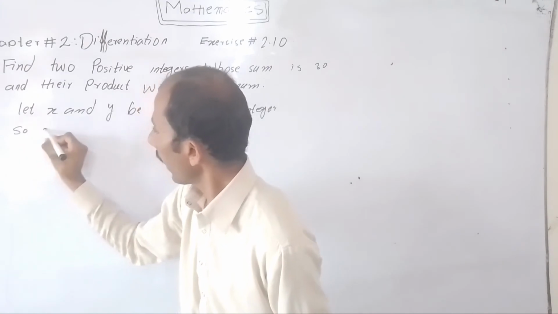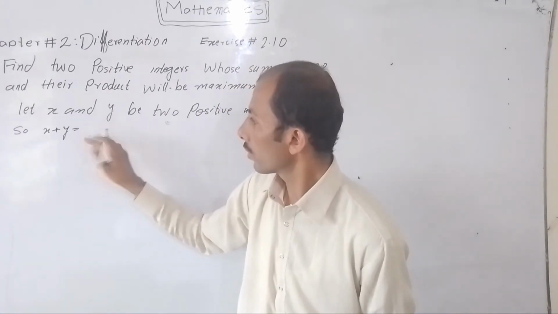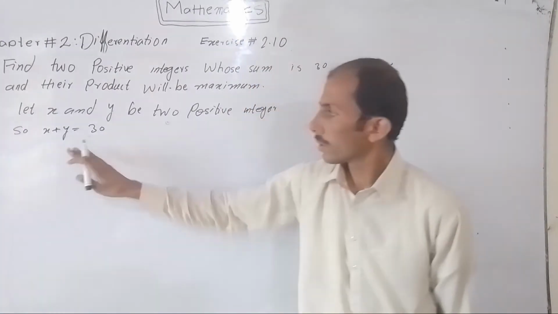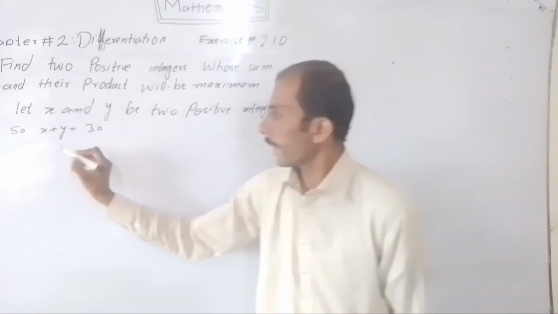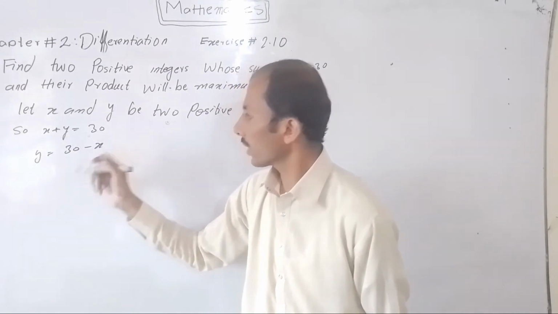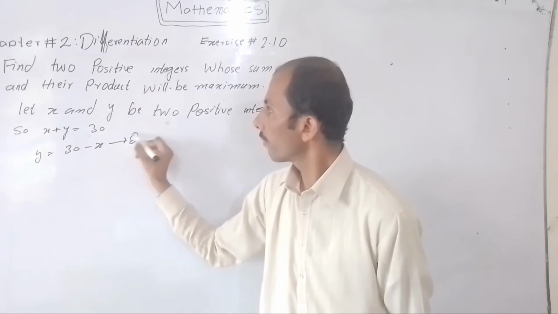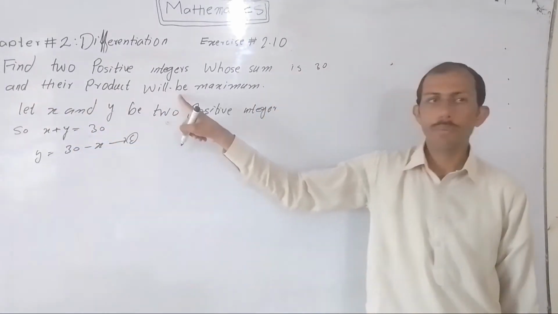So x plus y is equal to 30. y is equal to 30 minus x can also be written in this form. Equation number 1.